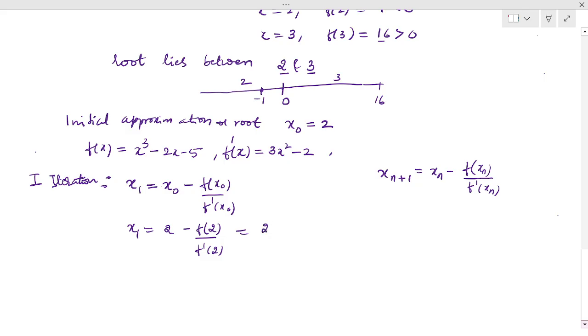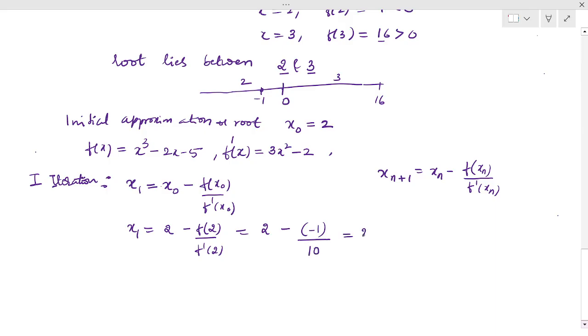This is 2 minus f of 2. F of 2 means 2 cube, which is 8, minus 2 into 2, that is 4, minus 5. 8 minus 4 minus 5 gives minus 1, divided by f dash of 2, which is 3 into 2 square. 2 square is 4, 4 threes are 12, 12 minus 2 is 10.